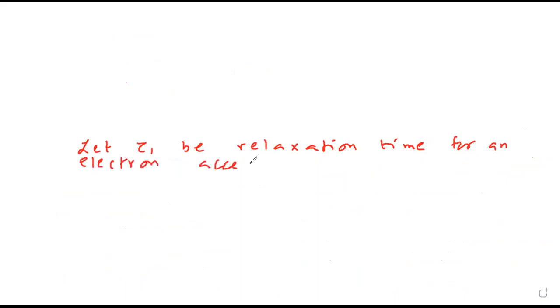Let tau 1 be relaxation time for an electron accelerated from 0 to V1. Therefore, V1 will be u plus a tau 1.